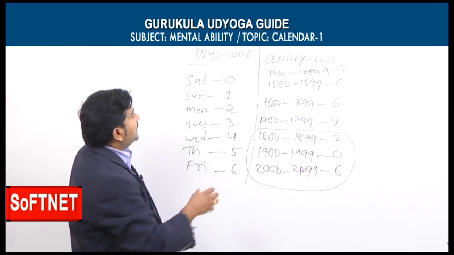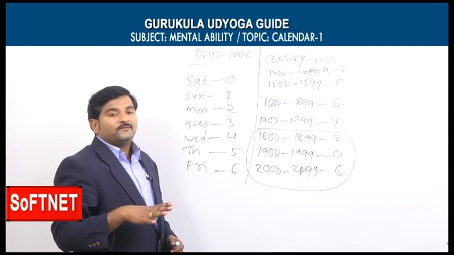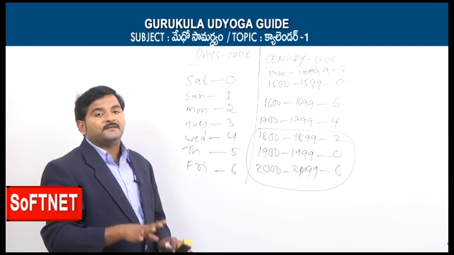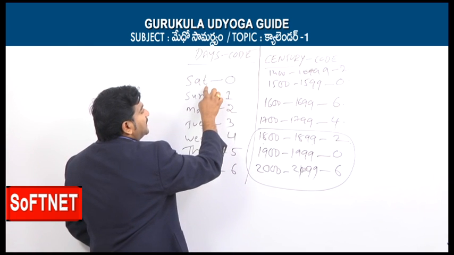Why am I taking Saturday as 0? You can follow any codes, the answer will be the same.